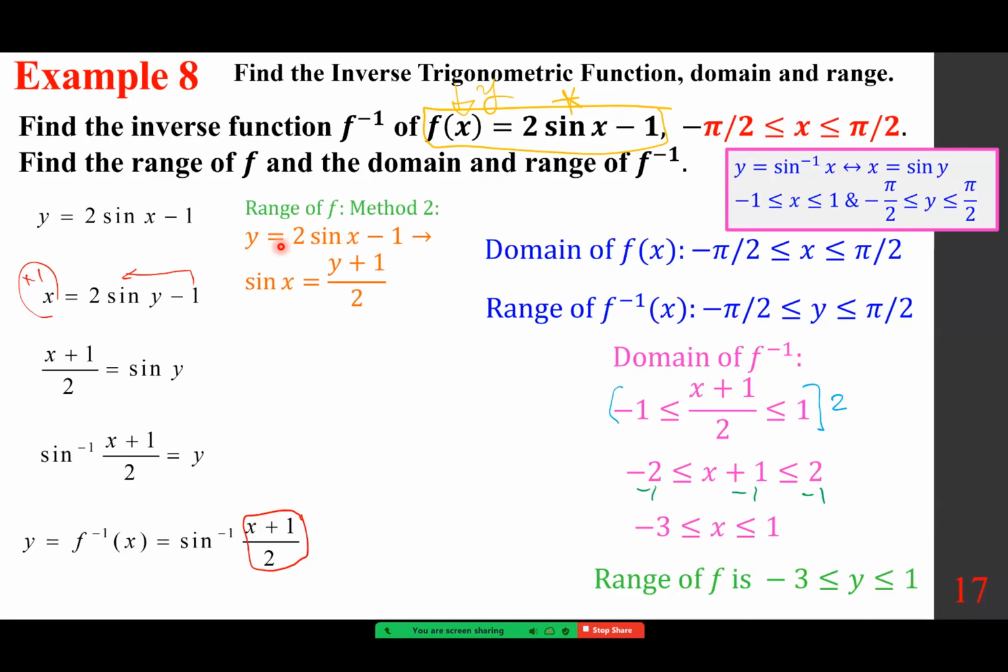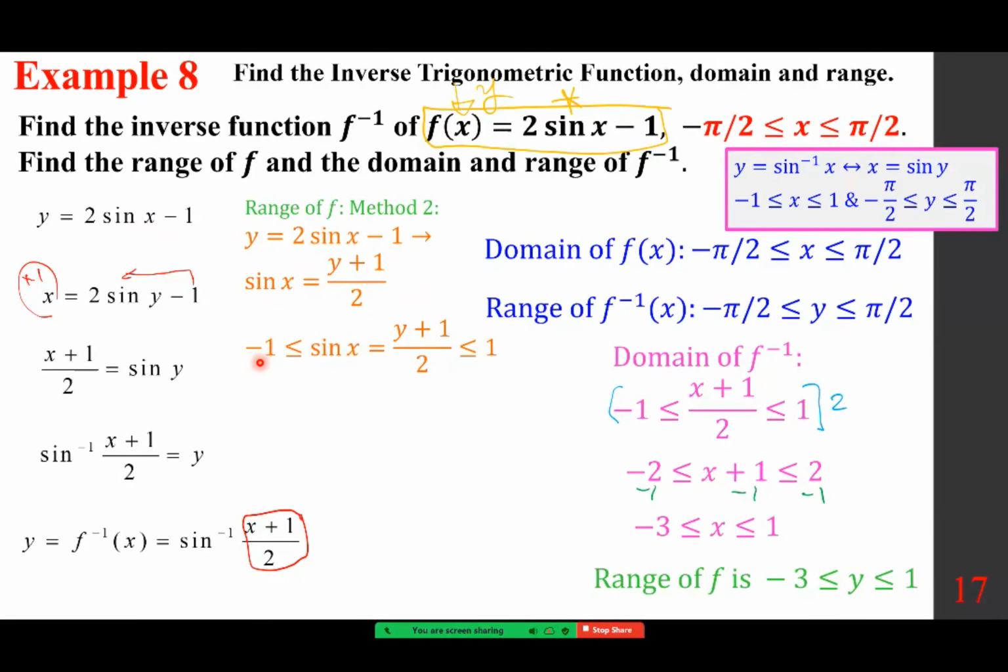Second method, y is 2 sine x minus 1. So if you solve for sine, you take the 1 to the other side and you divide by 2, right? And remember, sine is supposed to be between -1 and 1. So y plus 1 over 2 must be between -1 and 1.